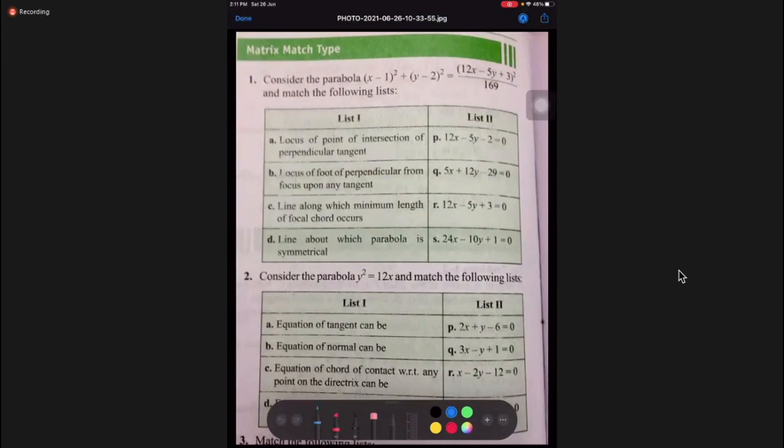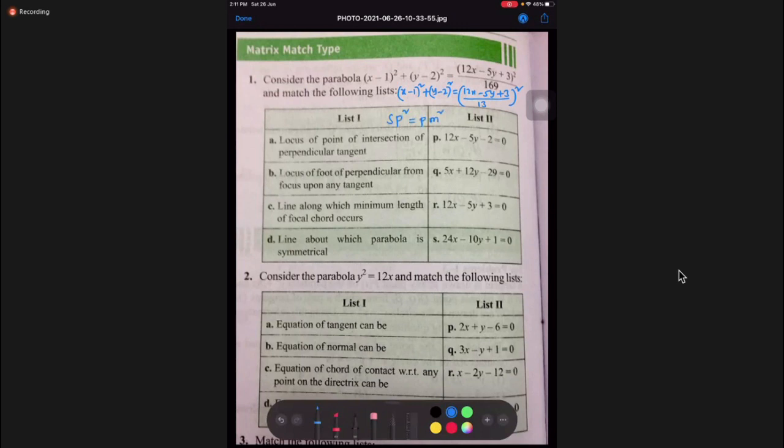See, students, this equation I can write as (x minus 1) whole square plus (y minus 2) whole square equal to (12x minus 5y plus 3 divided by 13) whole square. Can I write, students? Yes, sir. Remember, it is like SP square equal to PM square.